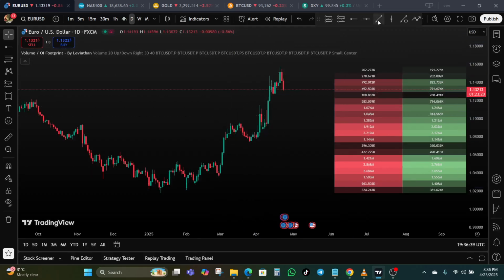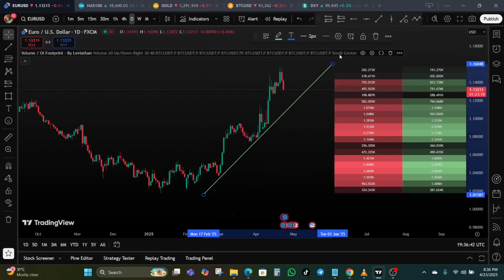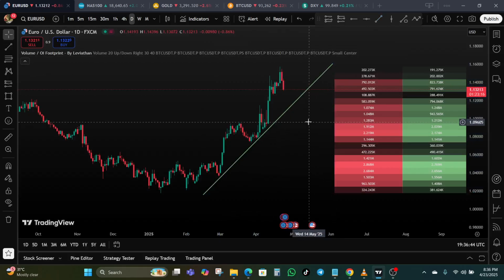If price rises, volume rises, and open interest also rises, that is a sign of genuine conviction and potential continuation. Also, you should be looking for imbalances. If bid volume is much higher than ask volume, or vice versa, it signals aggressive pressure from one side.